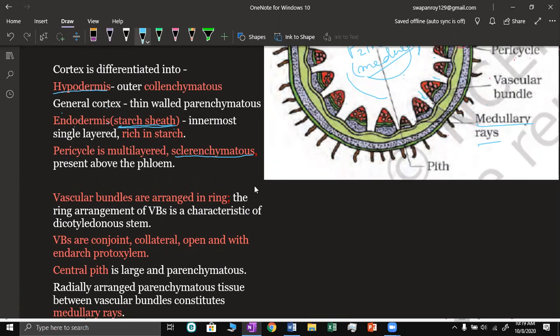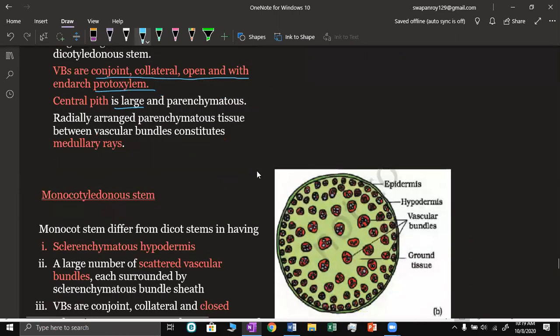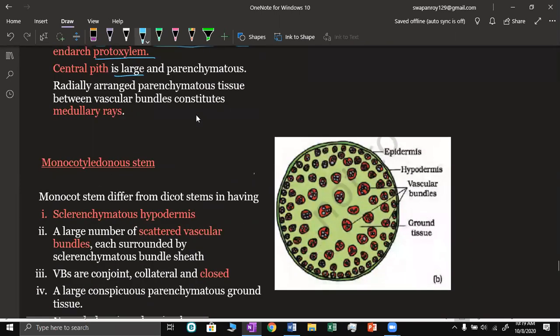When it is only one type of tissue, it is homogeneous. Here sclerenchyma is there, alternating with parenchyma. Vascular bundles are arranged in a ring, conjoint, collateral, open, with enlarged protoxylem. The central pith is very large and parenchymatous, and there are medullary rays.